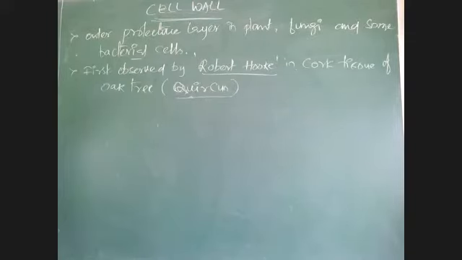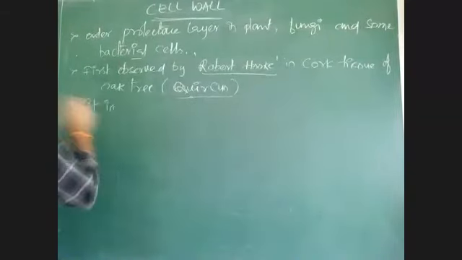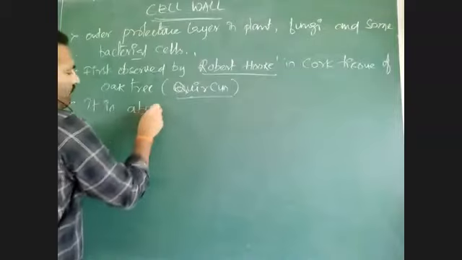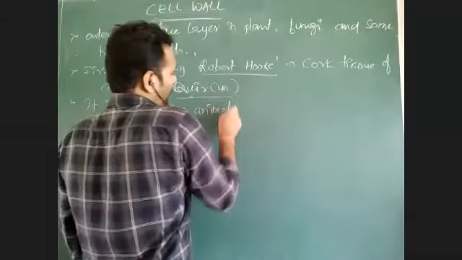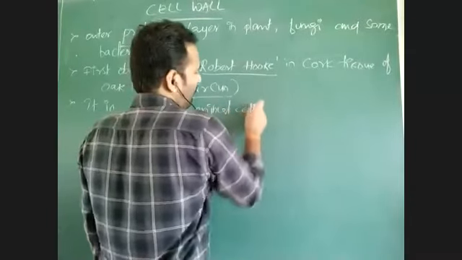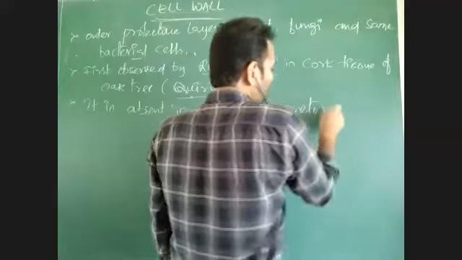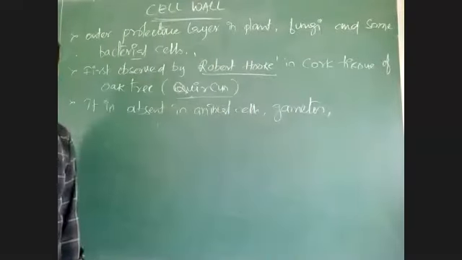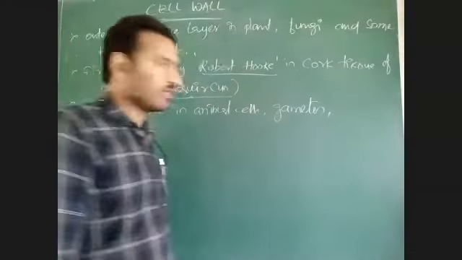But coming to the cell wall, it is absent in animal cells. It is absent in the gametes of plants also. Plants produce male gametes and female gametes, and in those gametes it is absent.